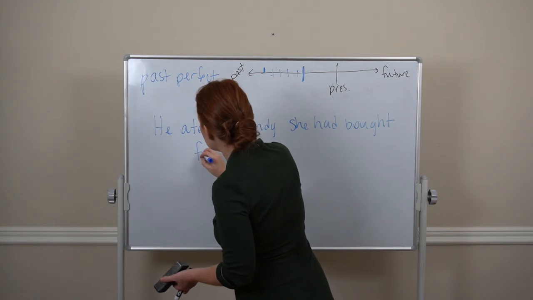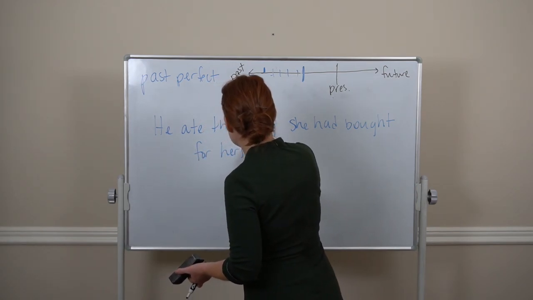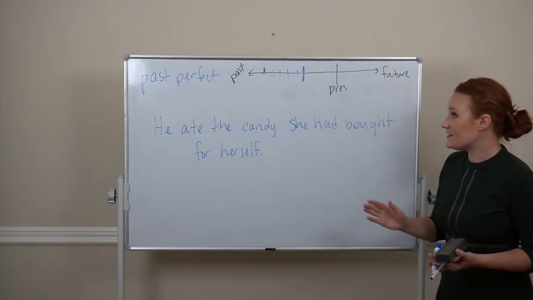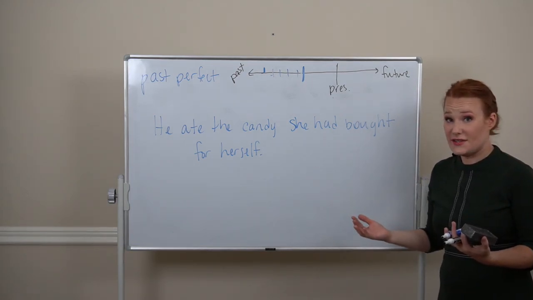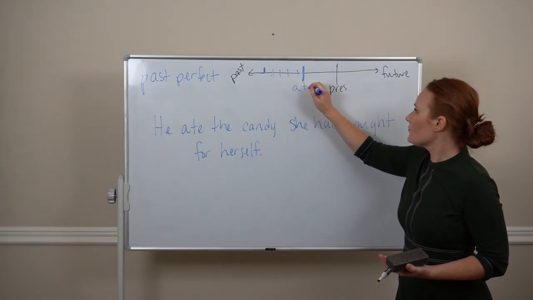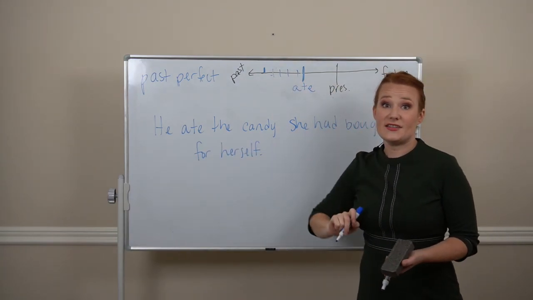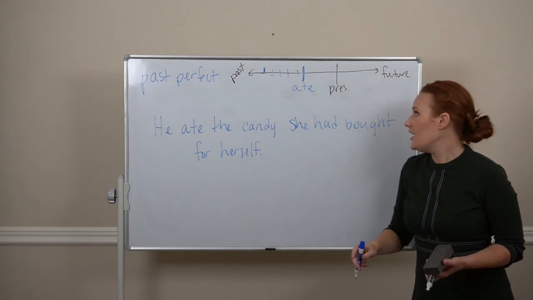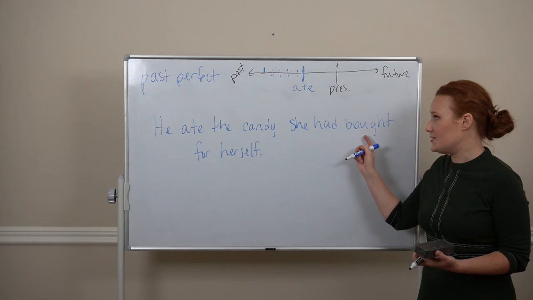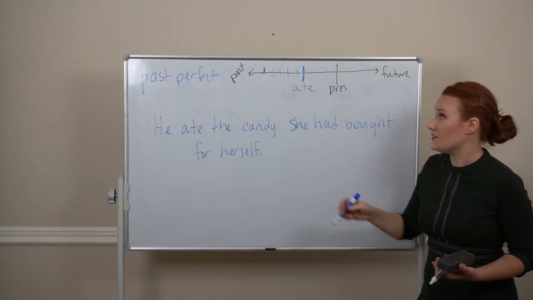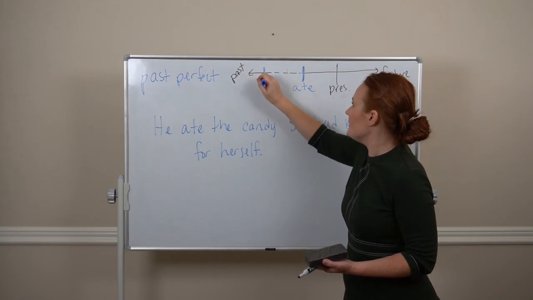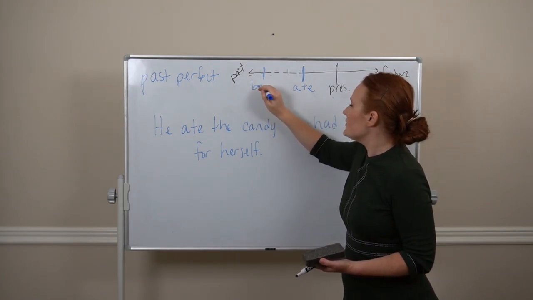She had bought for herself. So in this case, this reference point, this event in the past, is he ate the candy. So here we've got our past simple verb. He ate the candy. And the thing that happened before that is she had bought the candy for herself. So at some point before he ate the candy, she bought the candy.